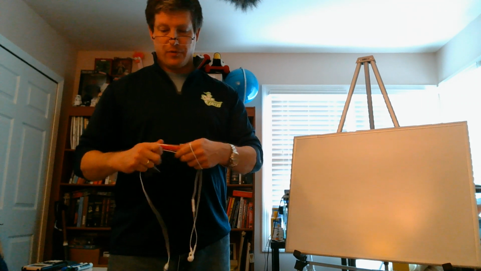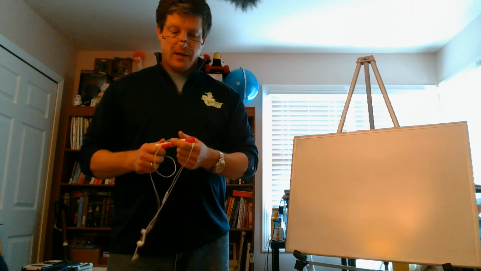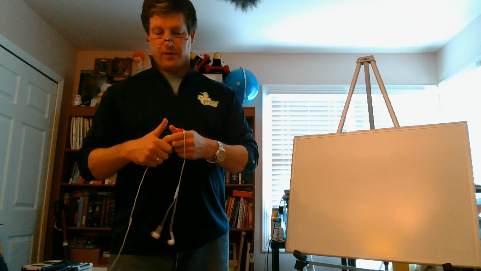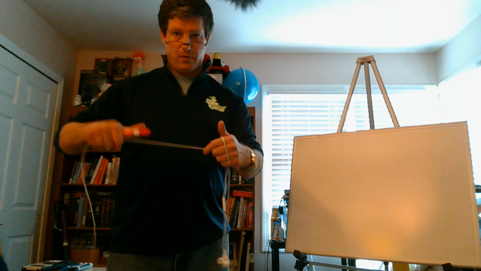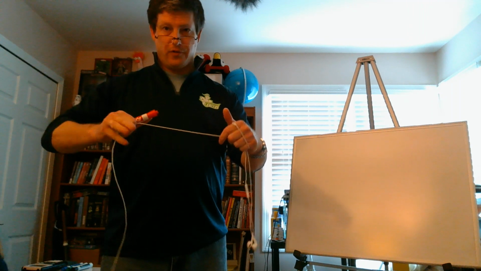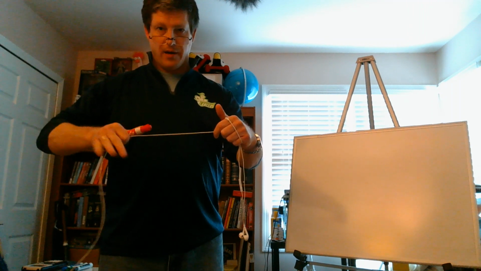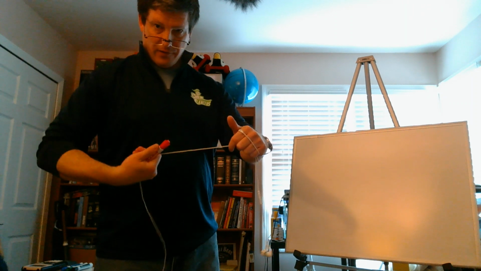So if the conventional current is going that way, then I stick my thumb in that same direction, like so, right? You can see that. And then my fingers, you notice, in order to grip the wire, have to wrap around like this.